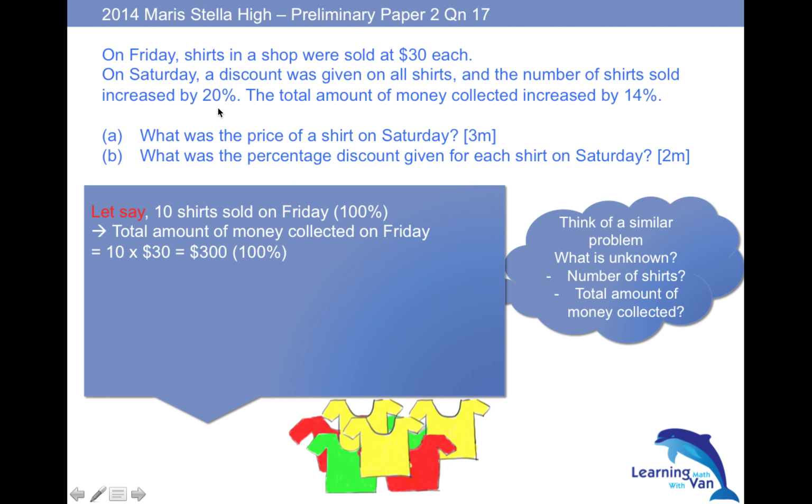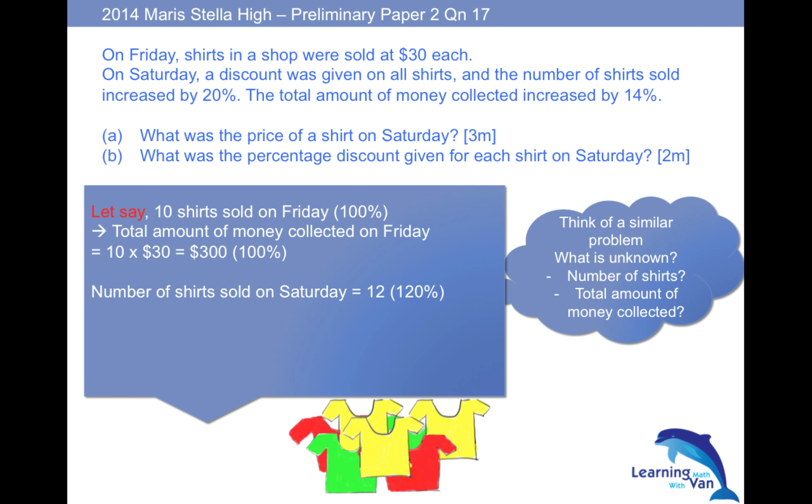So it is making reference with respect to Friday. So Friday is your base. Friday is 100%. 20% increase will give 120%. So the number of shirts sold will be 120% of that of Friday. You see that? So you should be able to get 12 shirts sold on Saturday based on our example here.